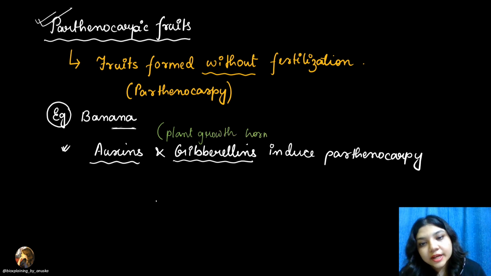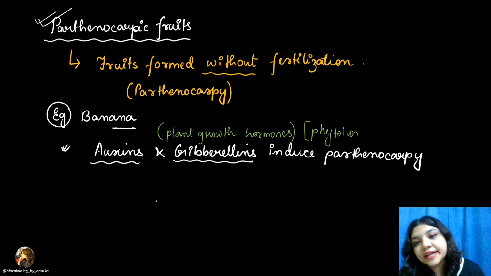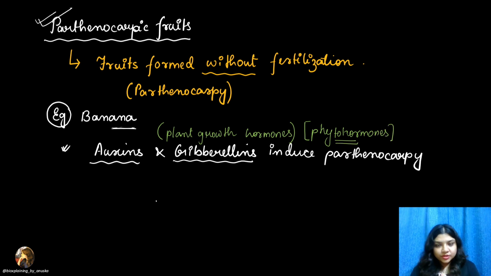Parthenocarpy is usually induced with the help of plant growth hormones, which are also known as phytohormones. So there are a lot of phytohormones, out of which auxins and gibberellins are the major ones to induce parthenocarpy. Right?